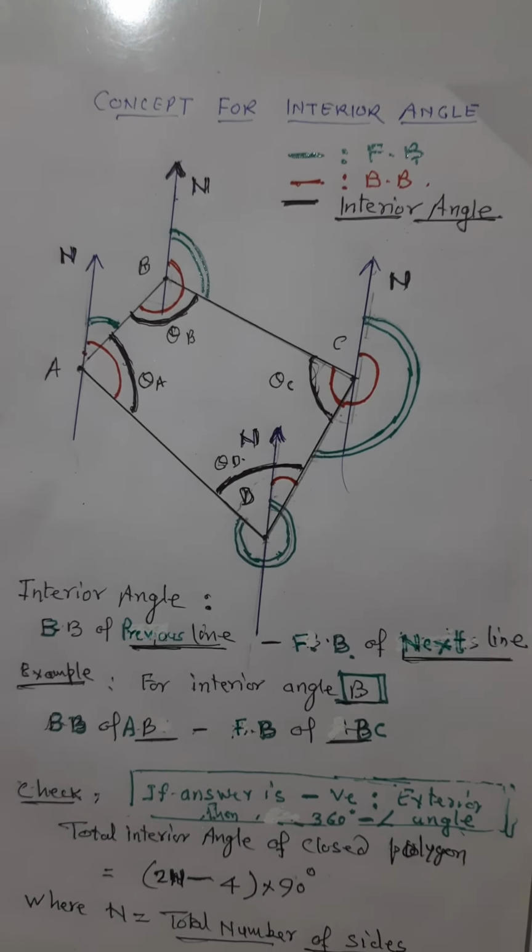In compass surveying, what we are doing is just taking the foresight and backsight and proceeding. We are starting from A and going ahead like this and reaching back to A again. So we are taking the foresight and the backsight at each station.